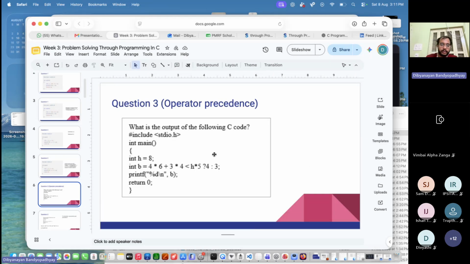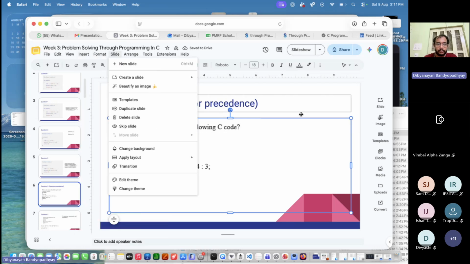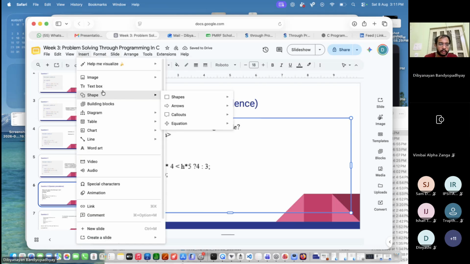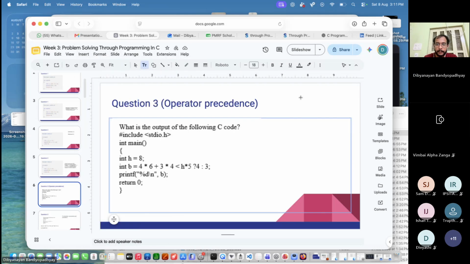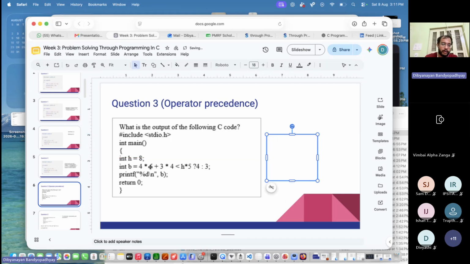So if you see this question very carefully, I already told that arithmetic expression will be evaluated first, and then the relational expression will be evaluated. So if you see this int b equal to this part very carefully, let me write it first.